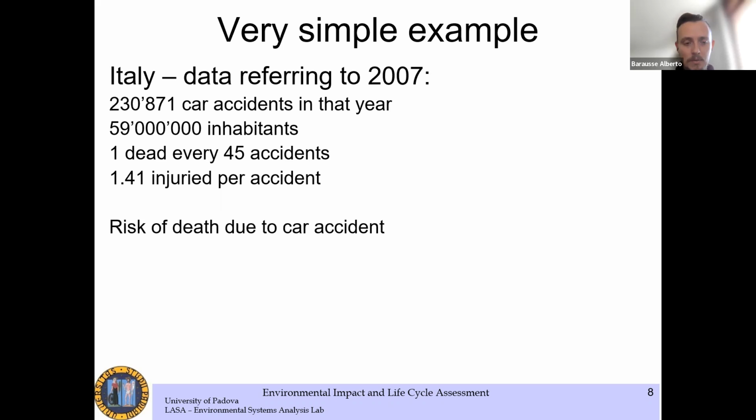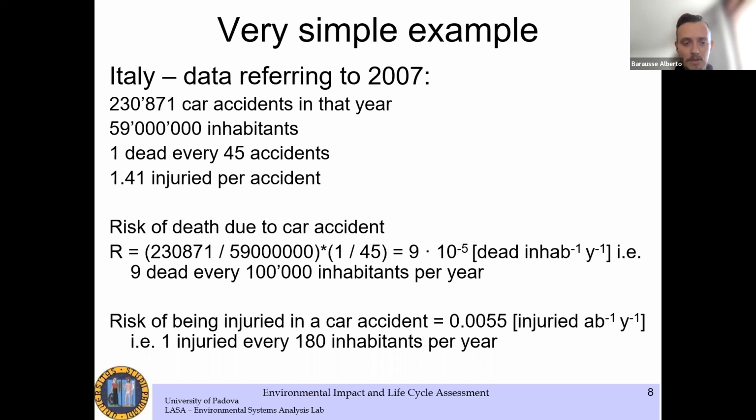So if we want to calculate the risk of death due to a car accident, we must multiply what we call probability by the magnitude of the car accident hazardous event. So the risk of death due to a car accident is the number of car accidents divided by the number of inhabitants.